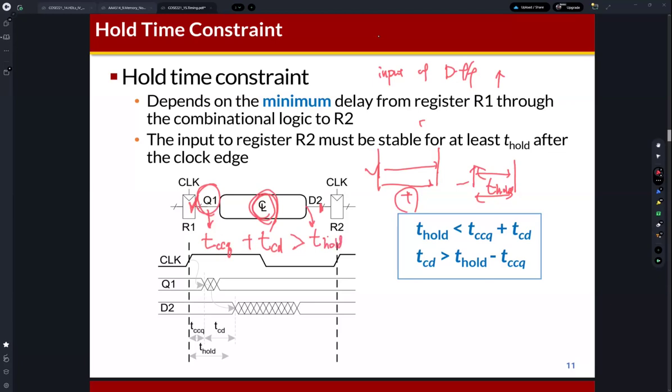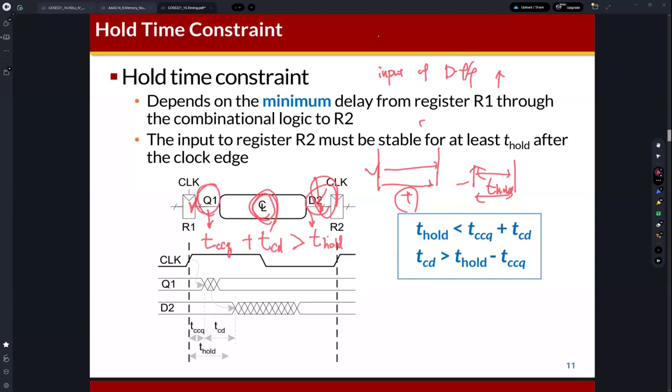Do you understand? I said that during a certain time you need to be stable, which means the signal cannot be changed. So it explains the minimum delay for this point, because if the minimum delay is less than the hold time, it is possible that the signal values can be changed.